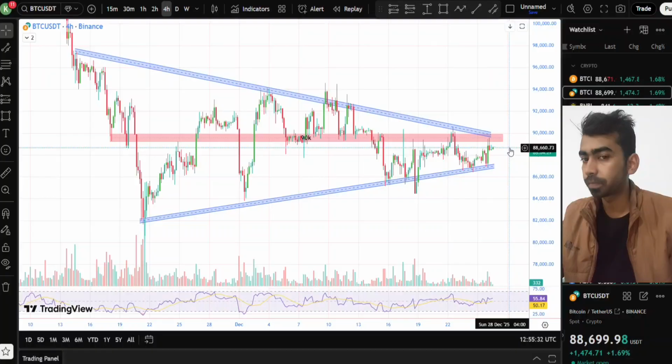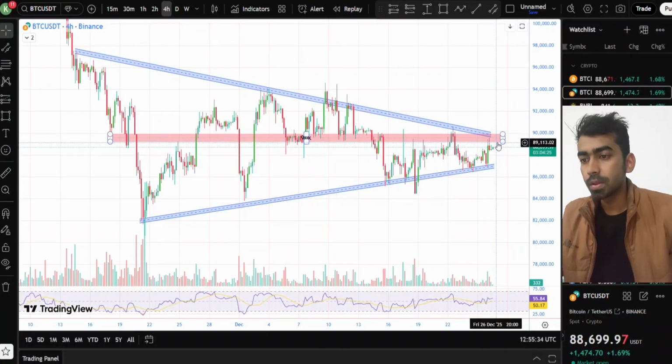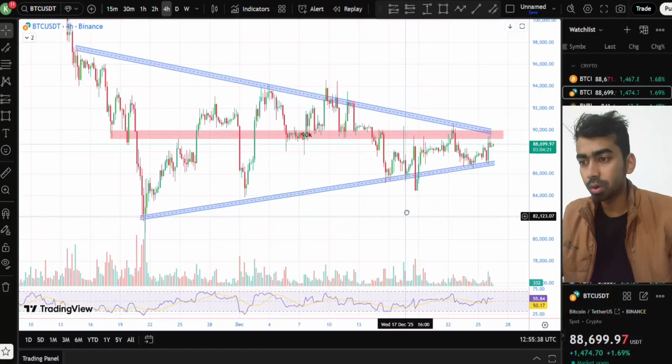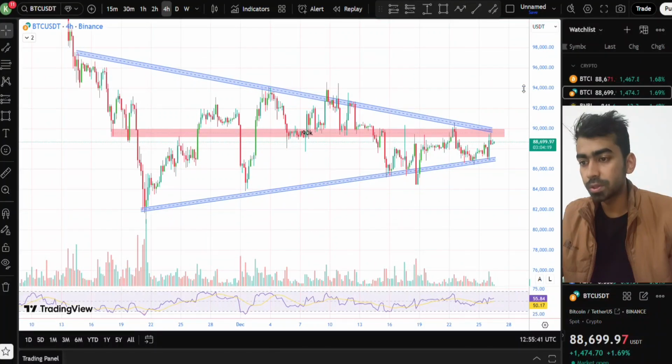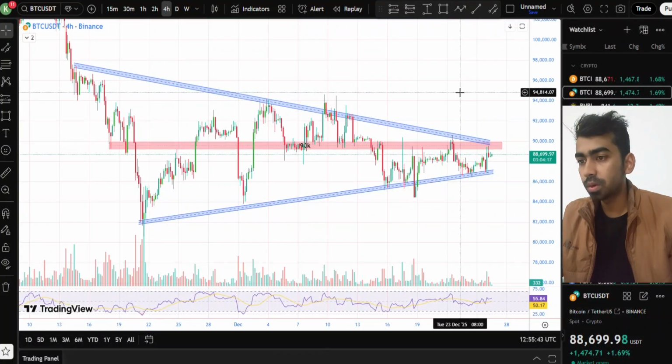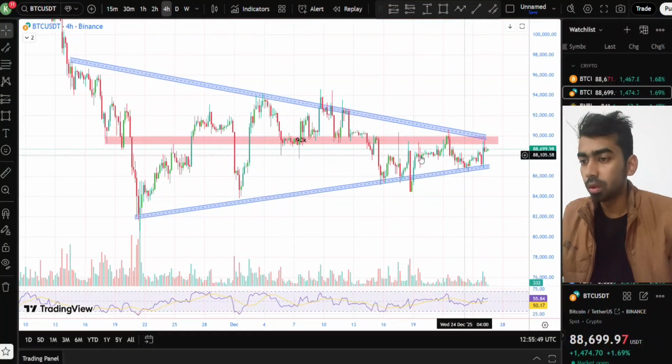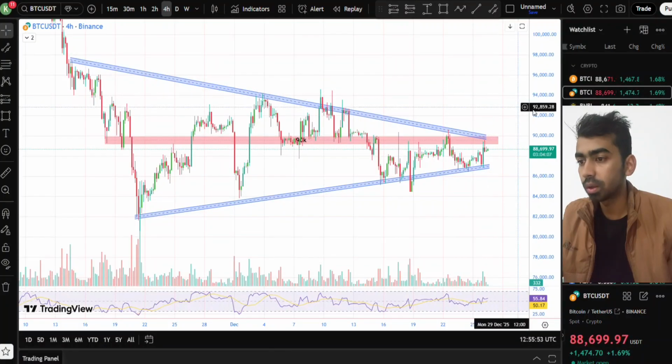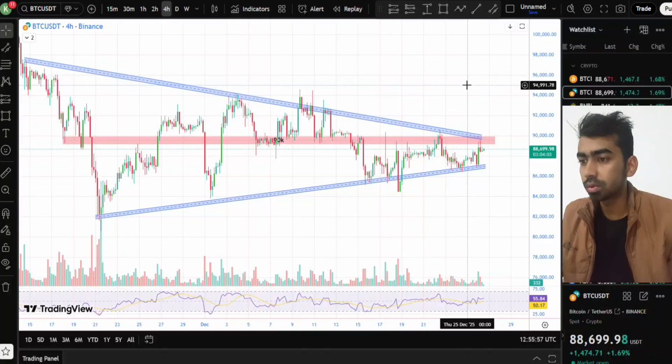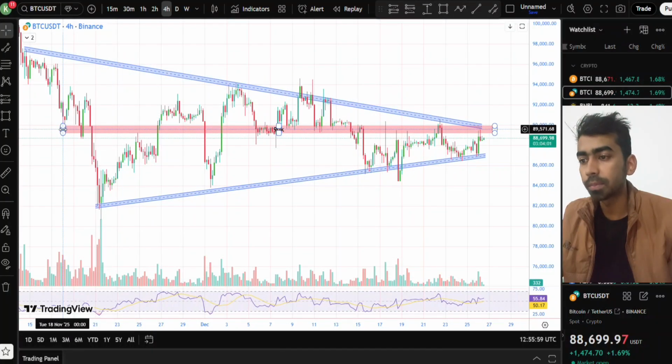Now if BTC tries to go upside or downside, you need to place one short and one long trade. But how? Price is continuously squeezing. Look at that, it is close to breaking the zone, maybe downside or maybe upside.